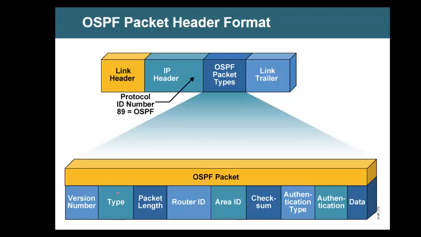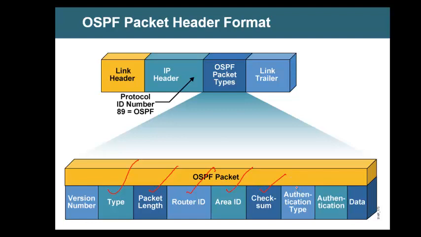The type which we just saw, packet length, depending on the type, the length will vary. The router ID of the router, every router will have a unique ID in OSPF called router ID. Area ID to which the router belongs. Checksum will be dynamically generated.